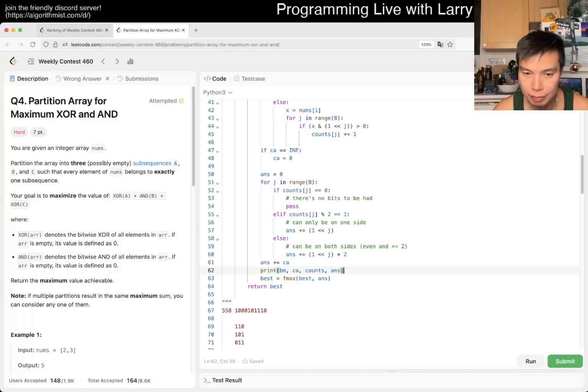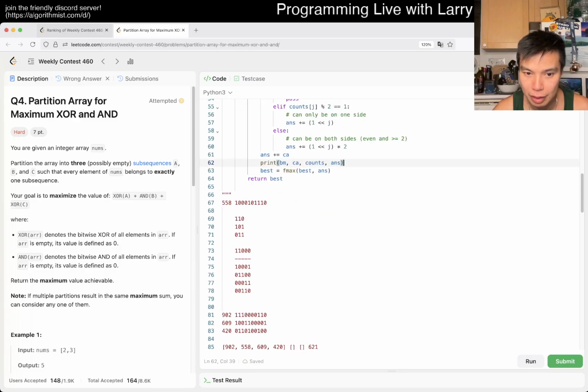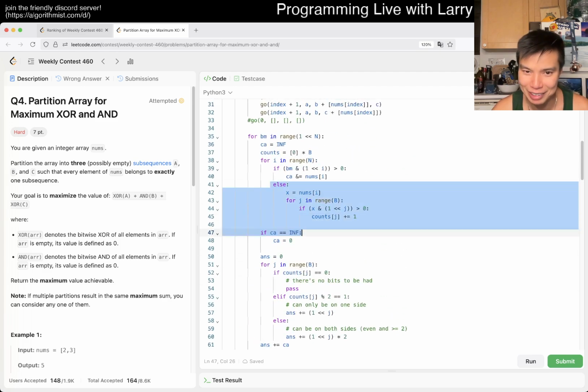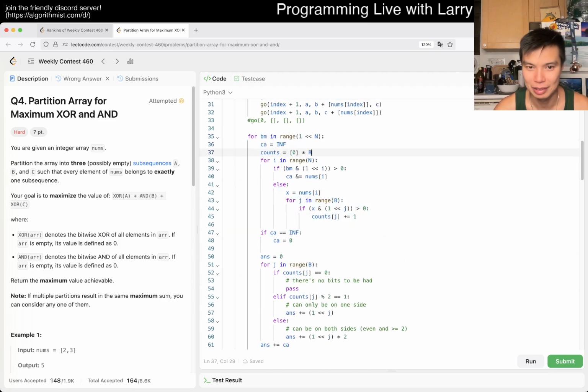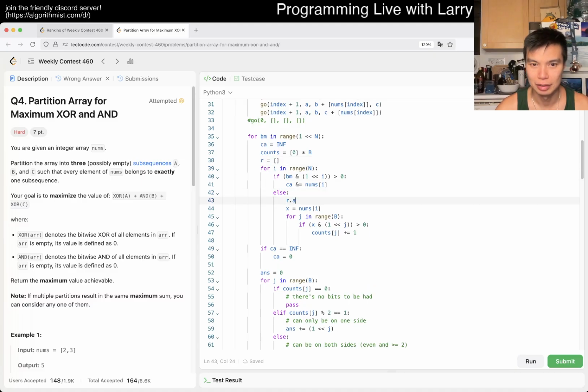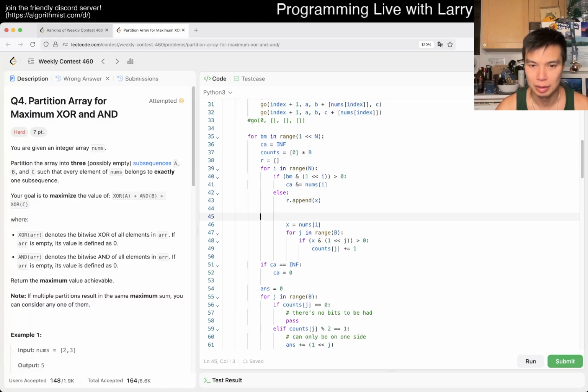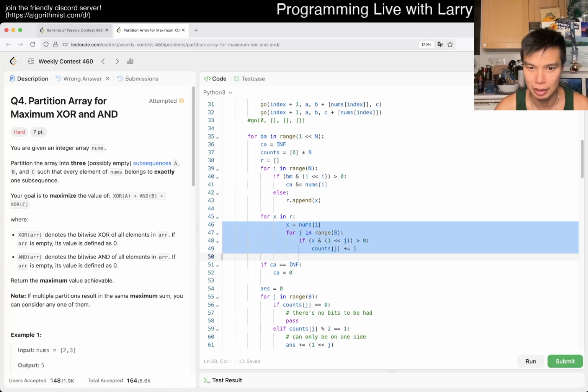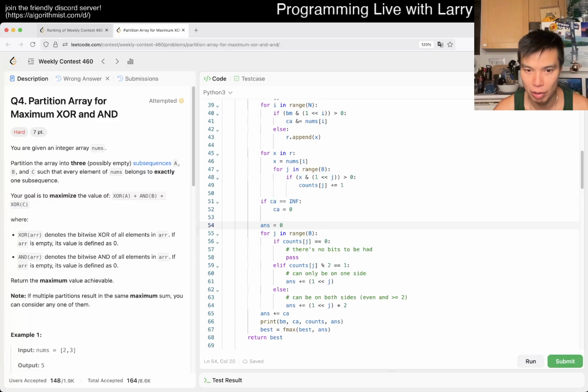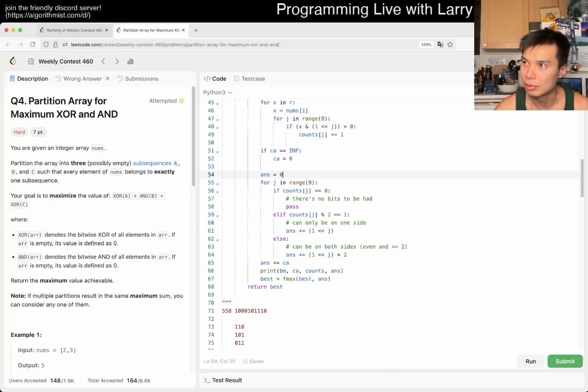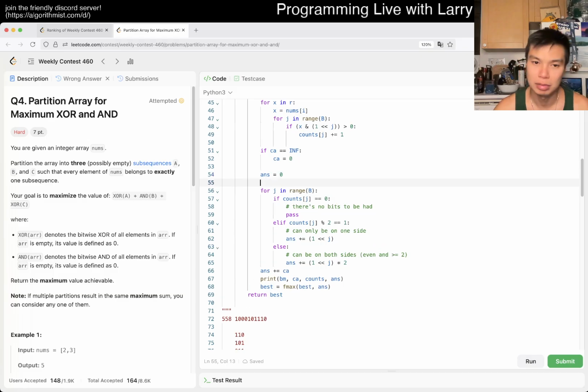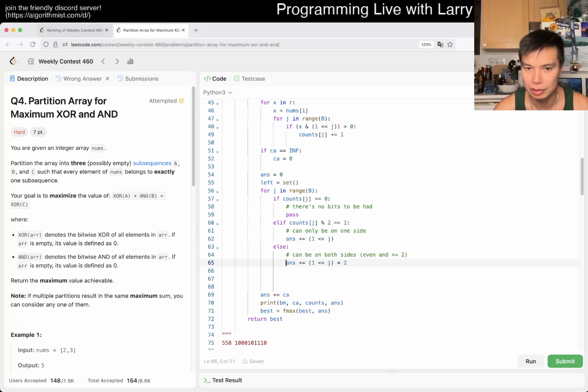Okay, so I did optimize it away, which is unfortunate, but that's fine. For X in range in R, right? Something like that. I think that's fine. Okay, but now we have R, right? So then maybe we have to left. This is gonna be a little bit slow, but I just want to get something correct, and then maybe we'll figure out how to optimize afterwards. So can it be on both sides?